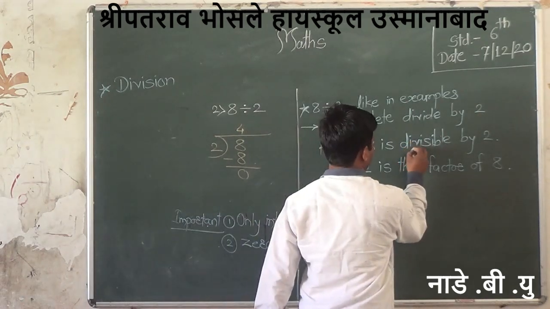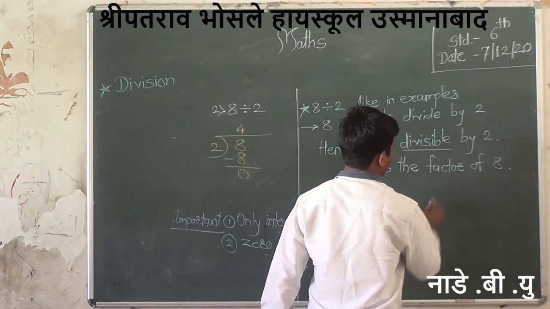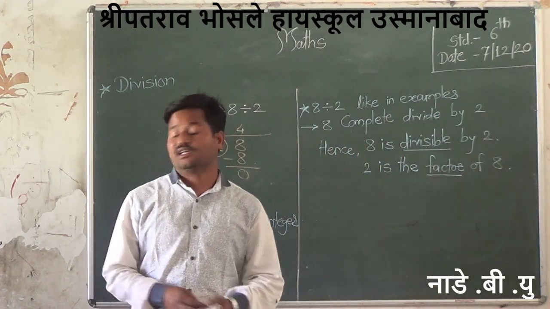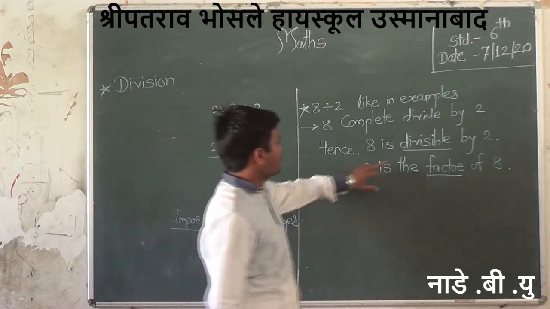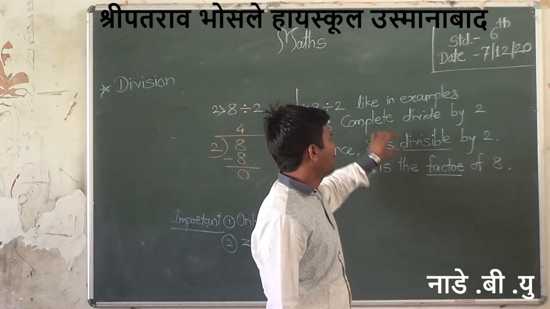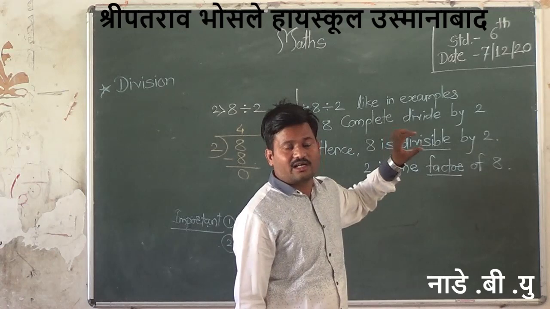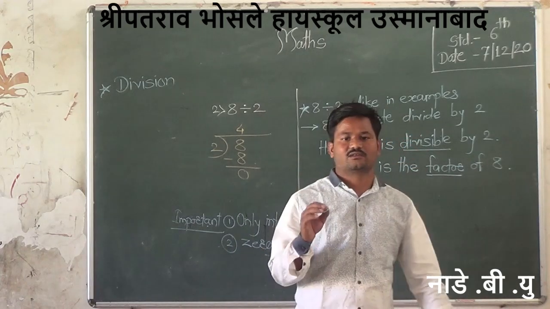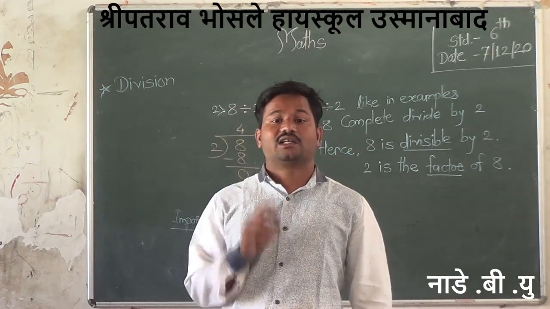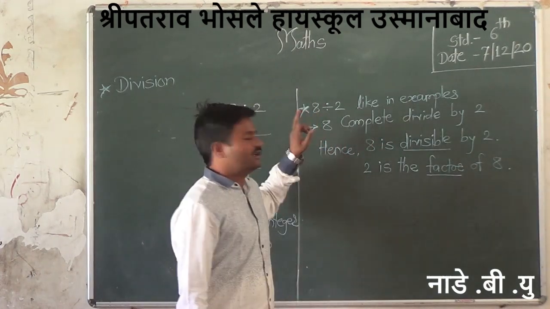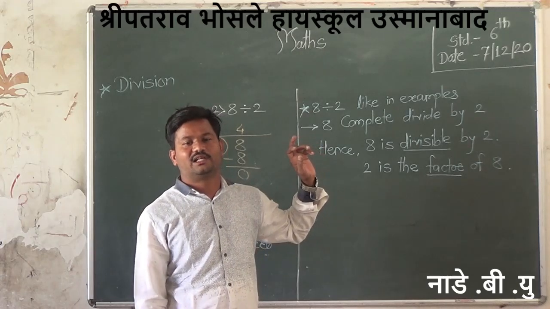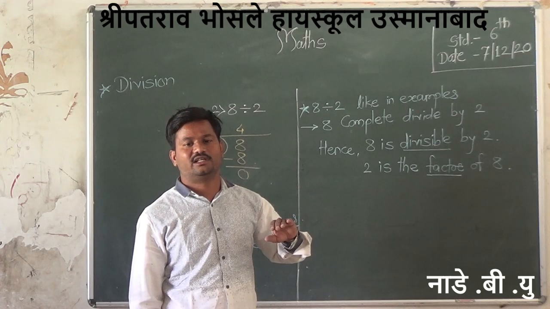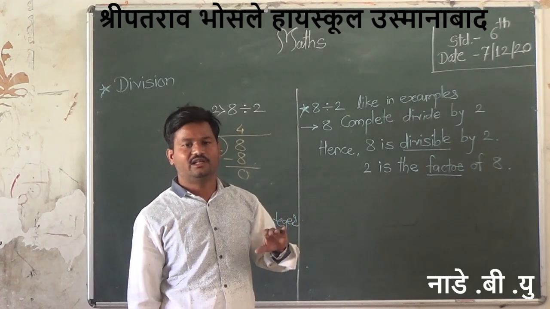The words are divisible and factor. Try to understand the words divisible and factor. When do they come? If a number is completely divisible by another number, the quotient in the division is only an integer.